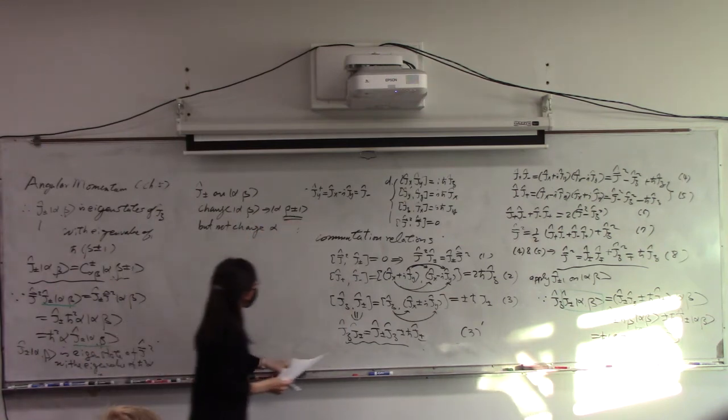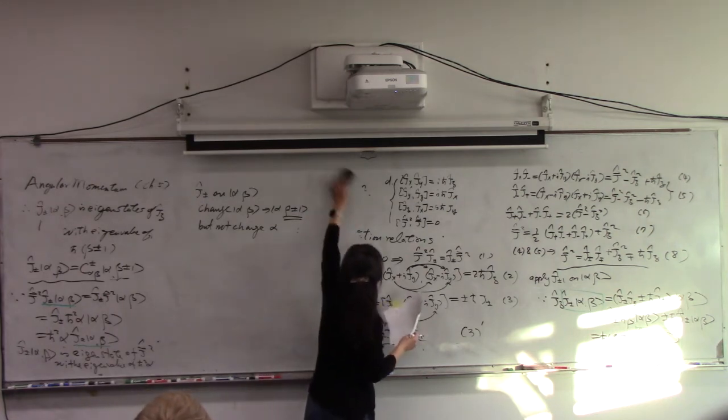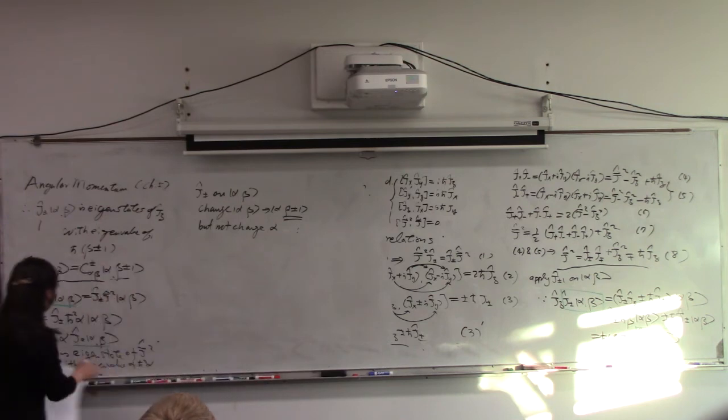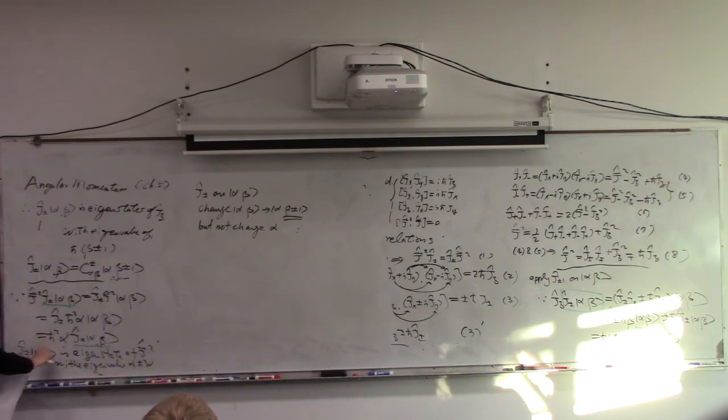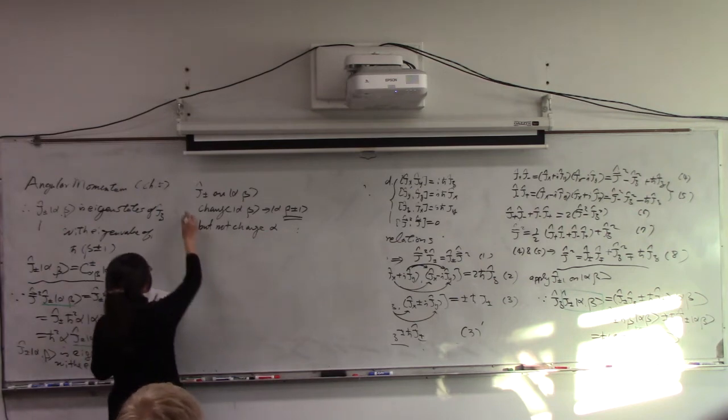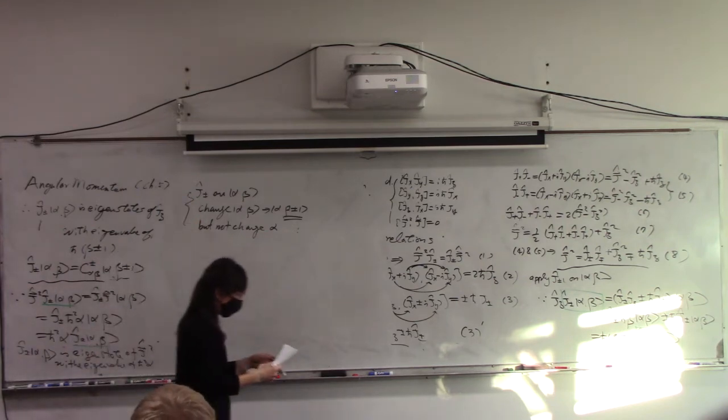That makes sense because J plus minus commutes with J squared, right? So it will not change this state. That is the first conclusion from analyzing these two.